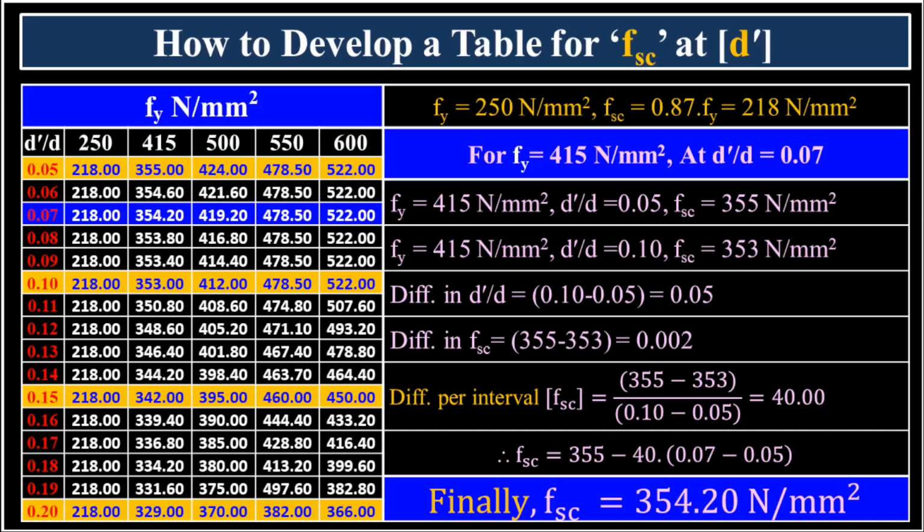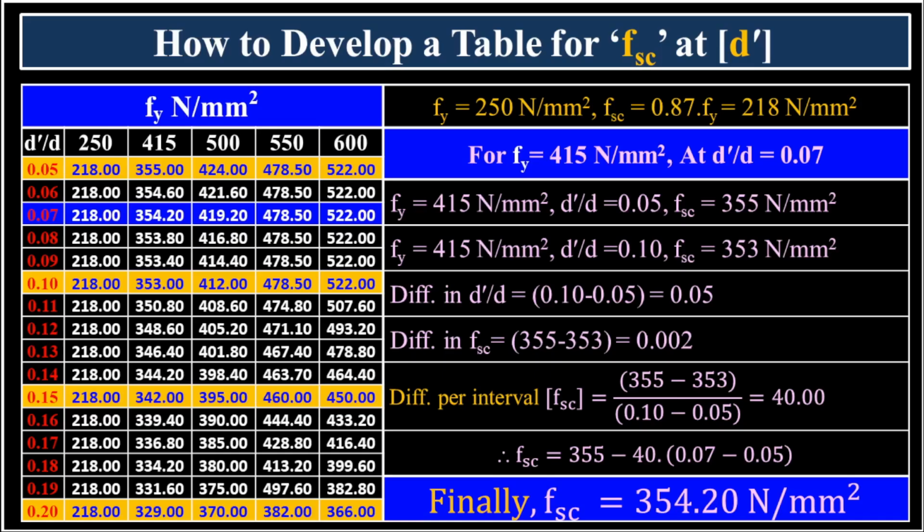To find the FSC per interval, we calculate the difference in FSC divided by the difference in d/d, which is 355 minus 353, divided by 0.10 minus 0.05. This gives us 40.00.